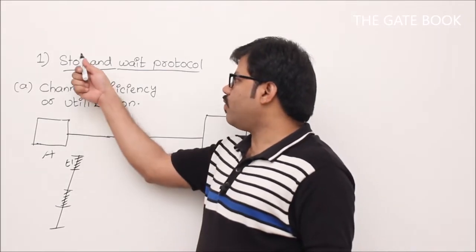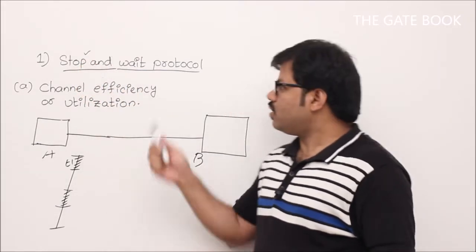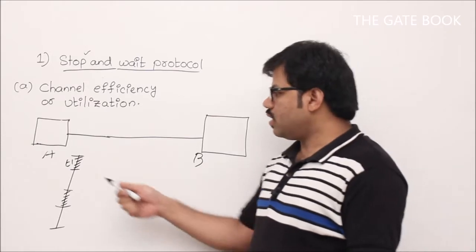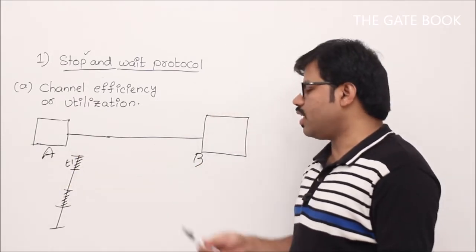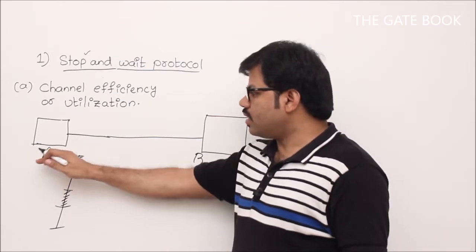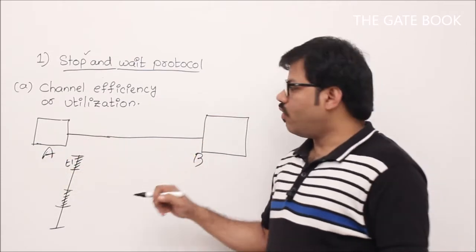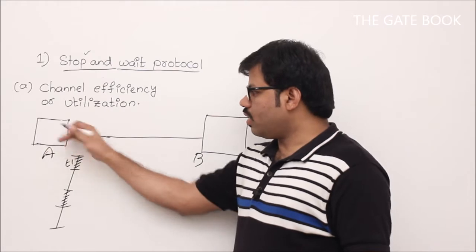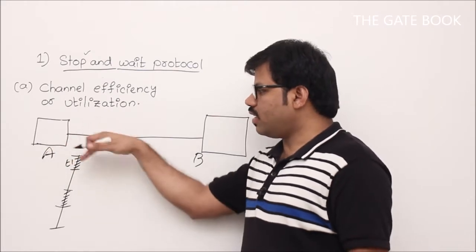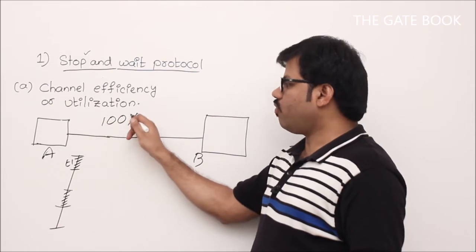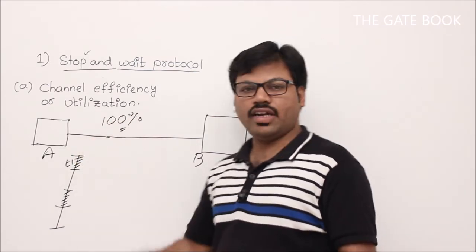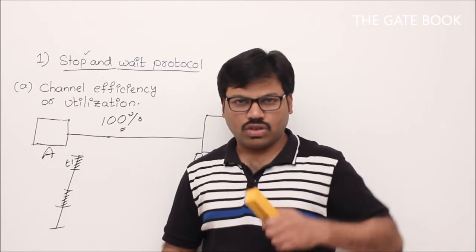Let's start with the stop and wait protocol. Now, if there is no stop and wait protocol, see the scenario: we have, let's say, two computers or two transmitting units, and A is sending data to B. Here the transmitter of A can continuously send the data. Now 100% of this link can be utilized if A really wants.